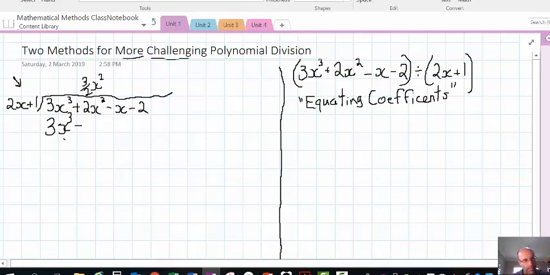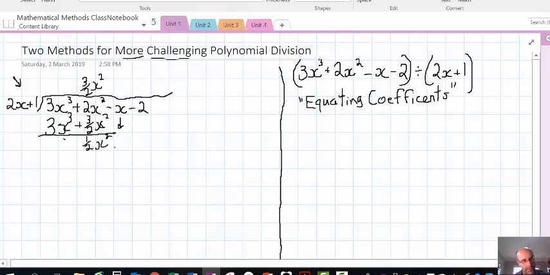And we have to multiply the 1 by 3 on 2 x squared, and we get 3 on 2x squared there as well. And we subtract, and we get 0 in the x cubed column. And we've got 2 minus 3 on 2, which is a half x squared left over.